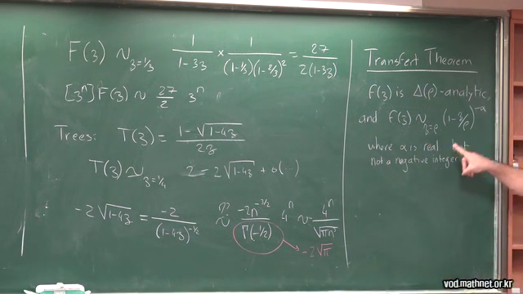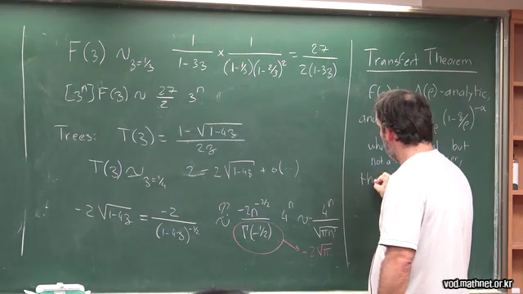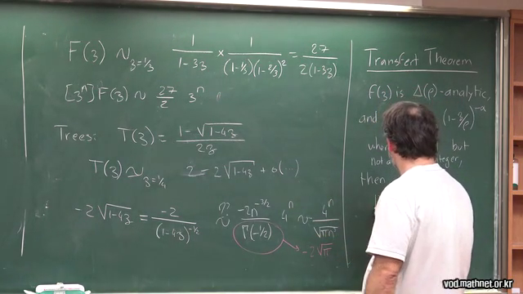If it's a negative integer, it's just a polynomial here, so it doesn't work. Then this formula is correct.